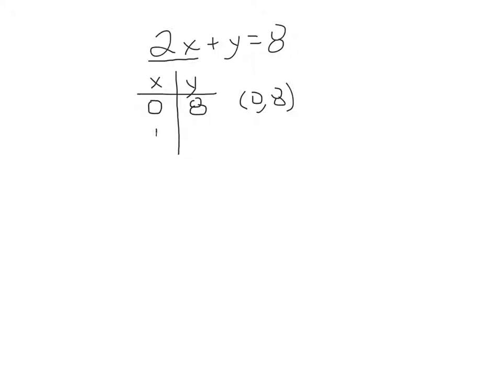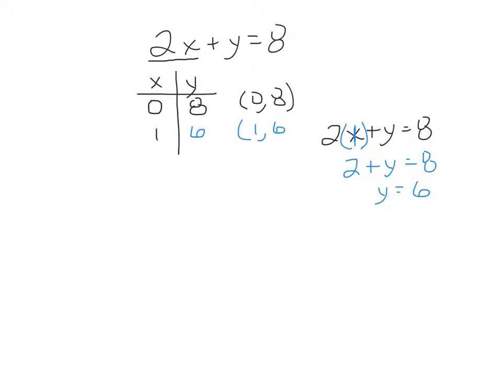If x was equal to 1, and I'm just choosing any values that I want to, then if I want to go through and solve 2x plus y is equal to 8, with x equal to 1, I would have 2 plus y is equal to 8. So then y would have to equal 6 after subtracting 2 from both sides. So I would have 1 and 6 as another possible ordered pair for this.